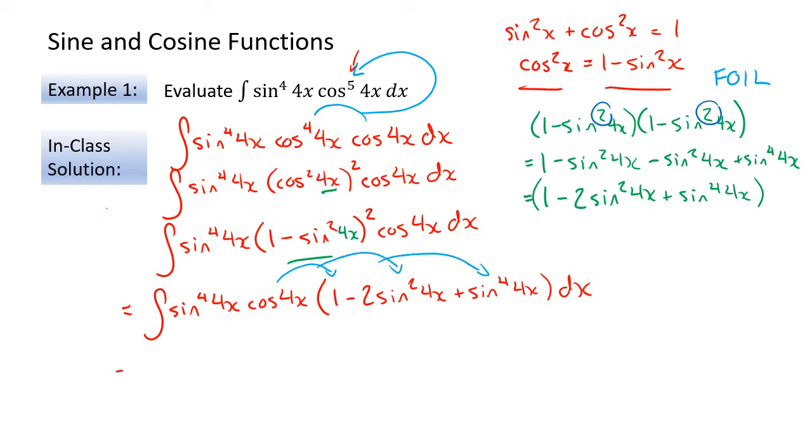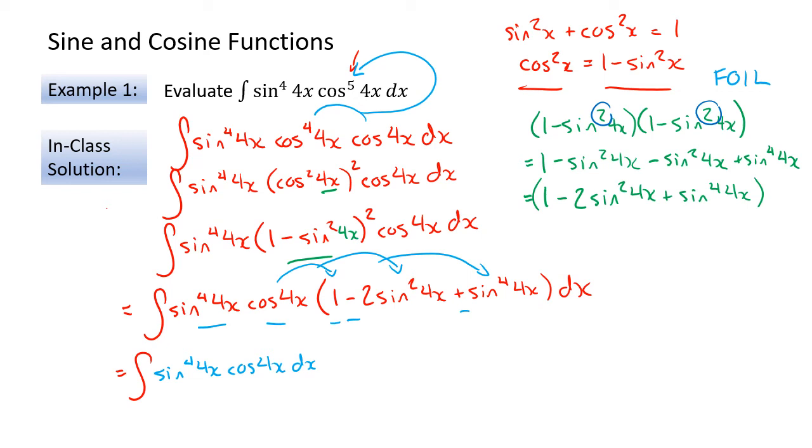If I do that, I get the integral of, what I'm going to do is multiply it out and then divide them up into multiple integrals, because we have a minus and a plus here, because they're added or subtracted from one another. So our first one is sine to the exponent 4 of 4x cosine of 4x multiplied by 1. So we're left with just the integral of sine to the exponent 4 of 4x times cosine of 4x dx.